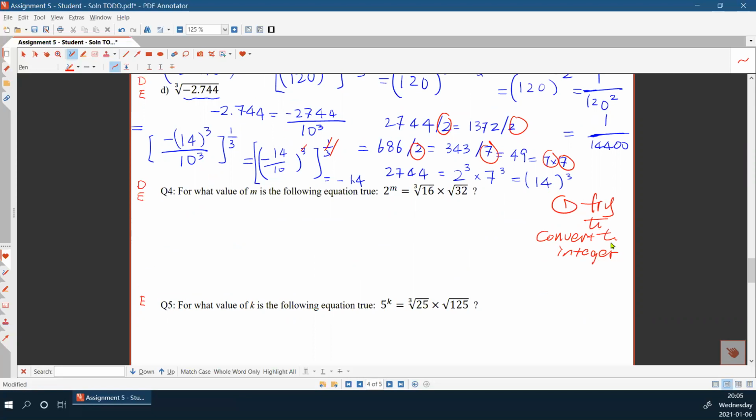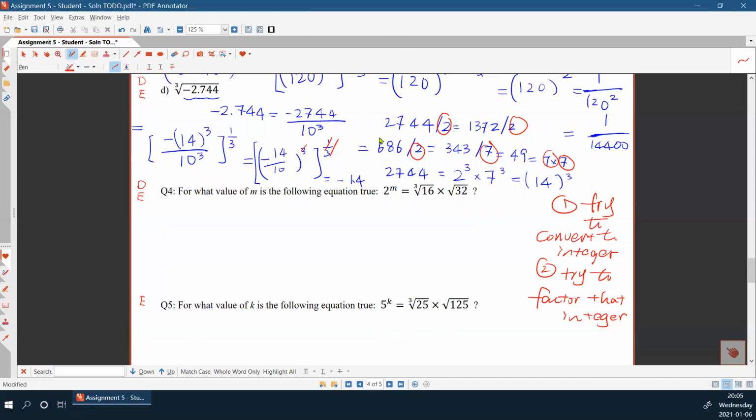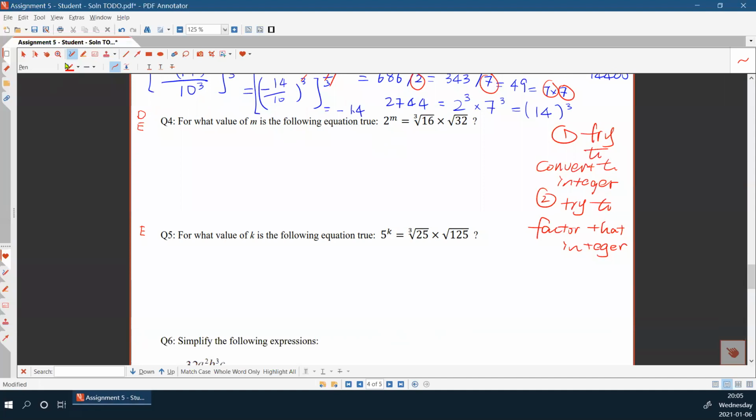First, try to convert it to the integer, and second, try to factor that integer, right? Okay, I hope you don't make the same mistakes in the next assignment, okay? All right, next question.